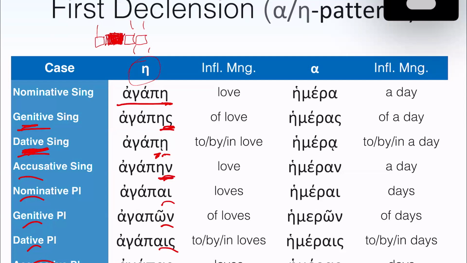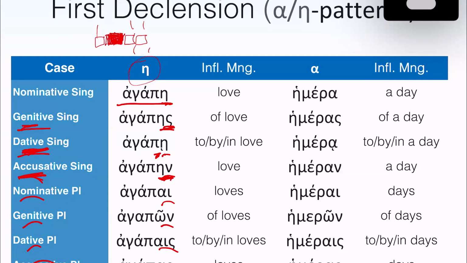Agapen, when you've got nu on the end of the word, it becomes the accusative and it is the object of the sentence. I'm trying to think of a way to put that into a sentence. I want love. I am the subject, want is the verb. Love is the object of my desire.